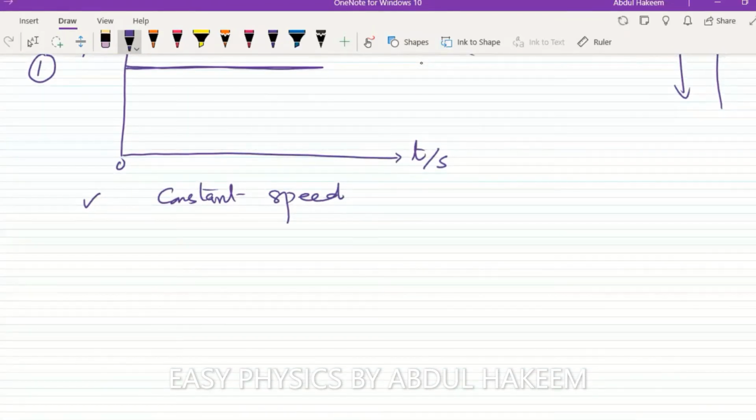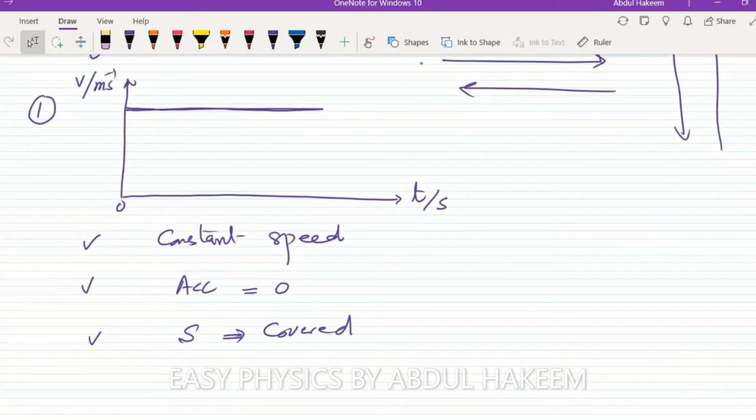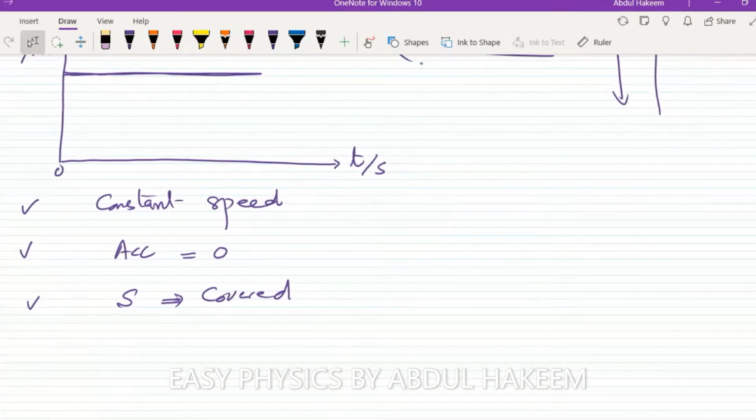Speed is constant, velocity is constant. So we can write the acceleration of the object is 0 and distance is covered. So the speed is constant, acceleration is 0, distance is covered, and we have to draw the acceleration and distance graph.